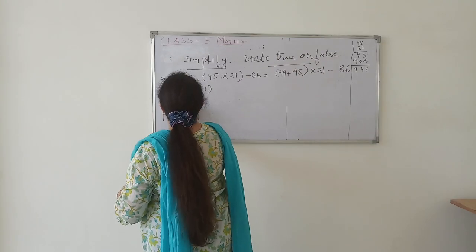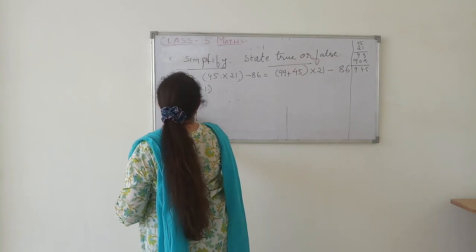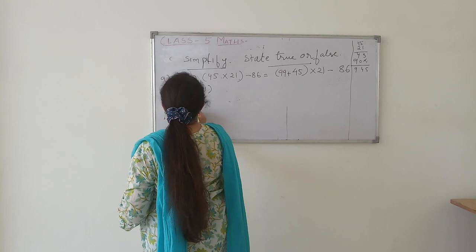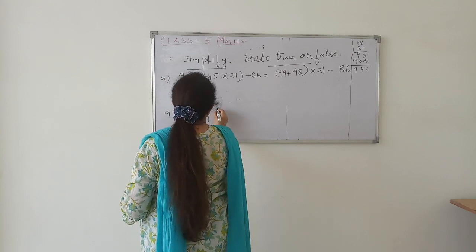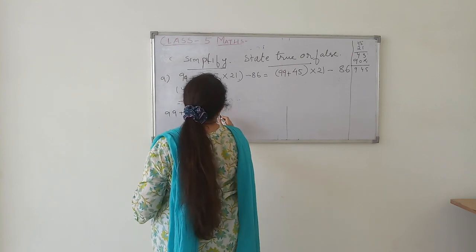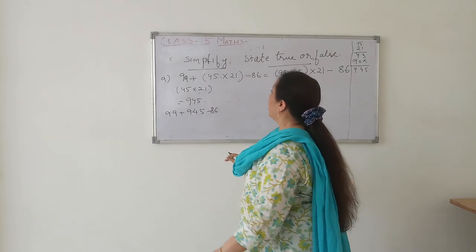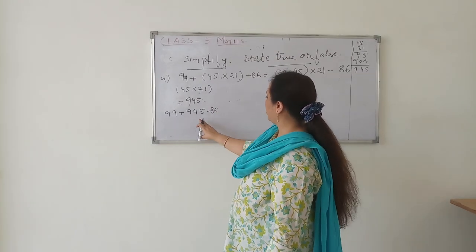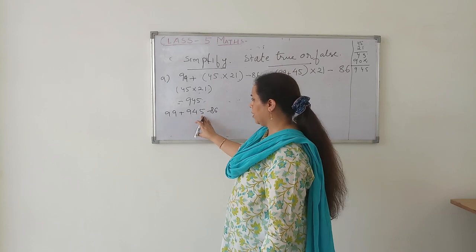Now we have 99 plus 945 minus 86. After the division and multiplication, we have to add up.